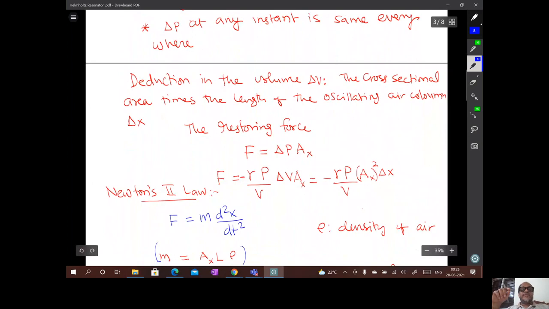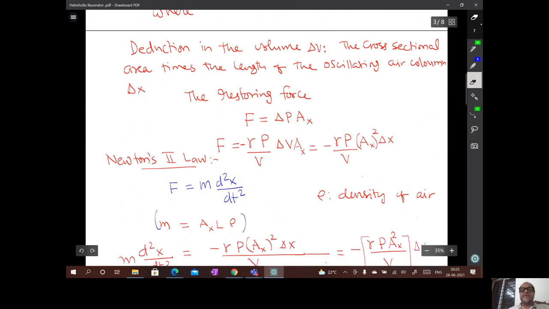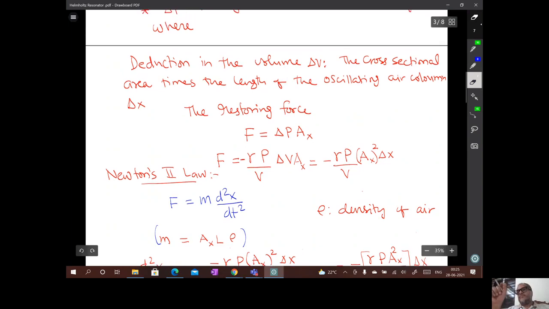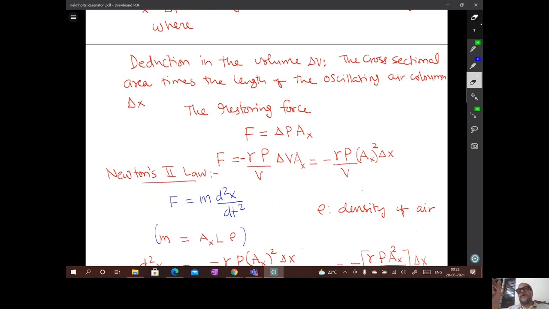These are details. If you don't assume this, the model may fail. So the reduction in the volume, delta V, one can write as the cross-sectional area times the length of the oscillating air column, delta X. So when you push it, the air column in the neck moves a delta X distance.